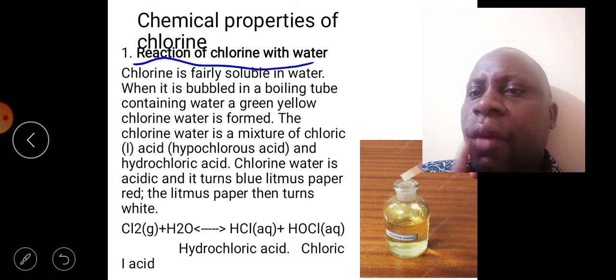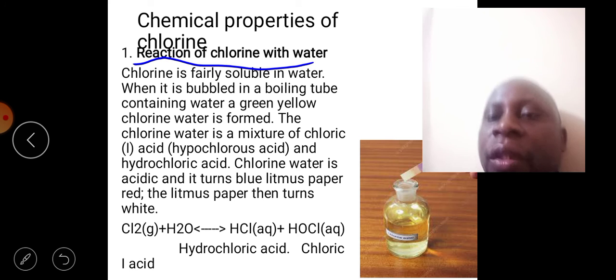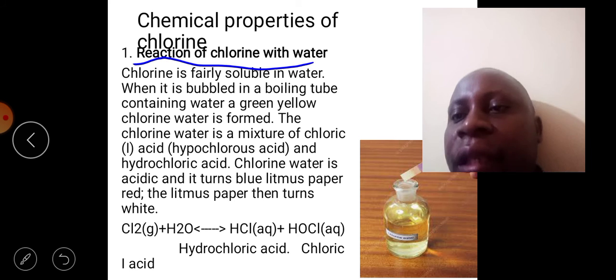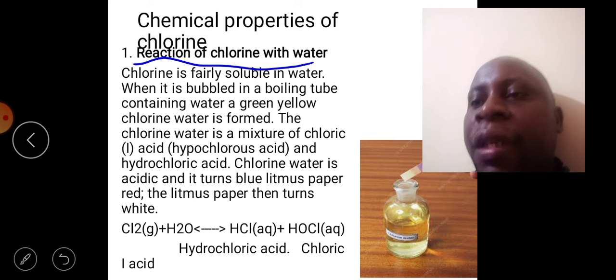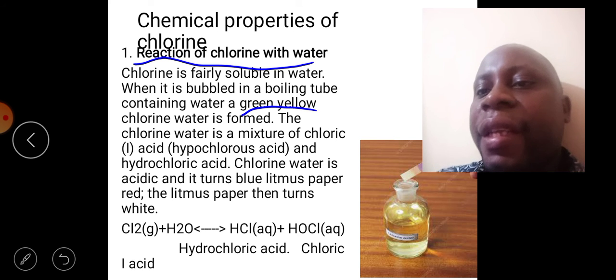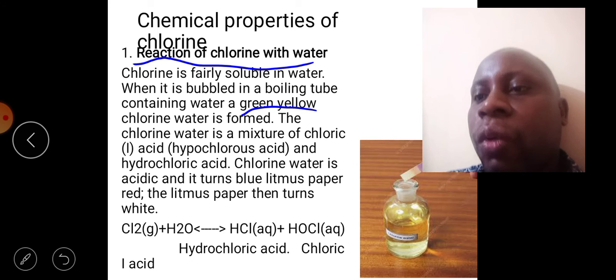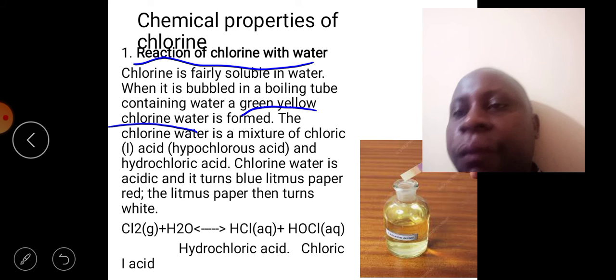So when chlorine is dissolved in water, or when it is bubbled in water, it quickly dissolves, and we say that it forms chlorine water. So when bubbled in a boiling tube containing water, a green-yellow solution, which is chlorine water, is formed.